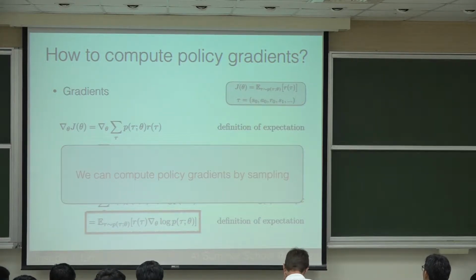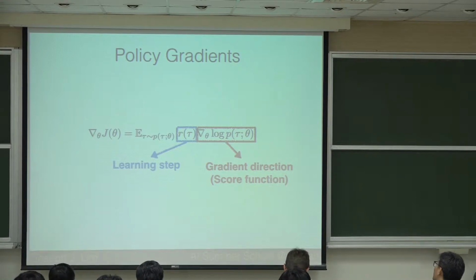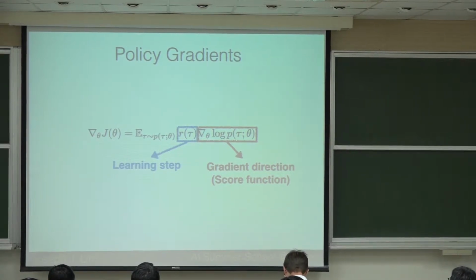You cannot directly compute this. It's hard. But we can sample and compute this, okay? And that's the key idea, right? And if you compare it to normal gradient descent, you can think of the reward as acting like a learning step, and the inside is like a gradient direction, the score function. It's just an analogy.